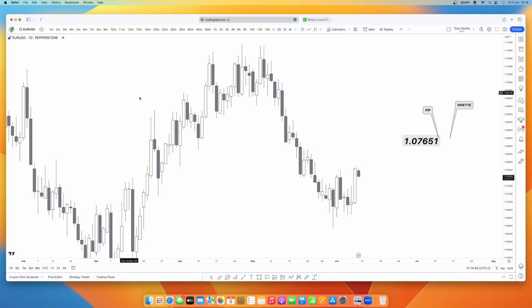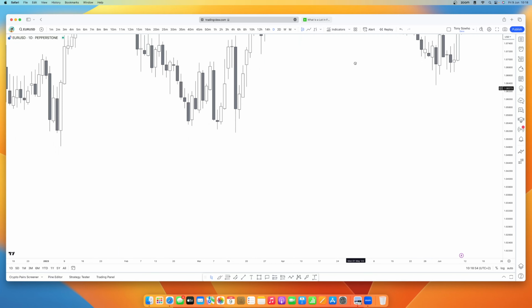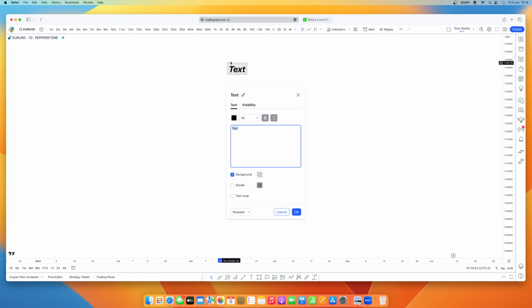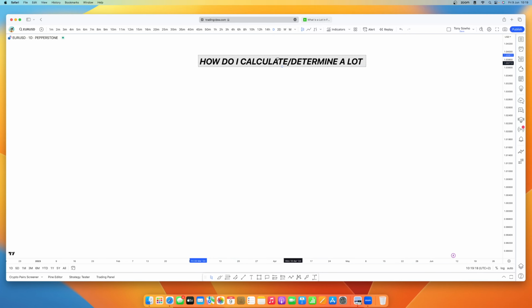All right. So now, how do we calculate a lot? In order to calculate a lot, you need to have first an understanding of these things. So how do I calculate or determine a lot?